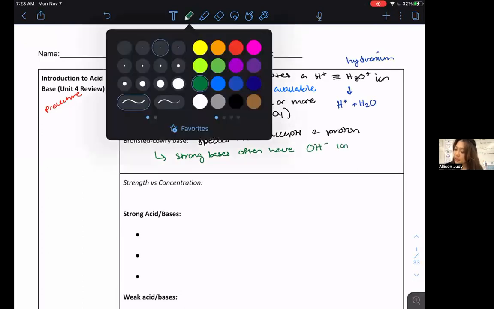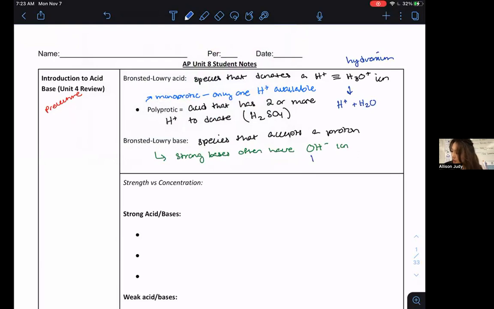And why does this make sense? Because an OH minus can accept an H plus and go to water. So that's why we have this secondary, easy way to identify strong bases in particular: they have an OH hydroxide ion, the functional group within a chemical species that can accept that proton.